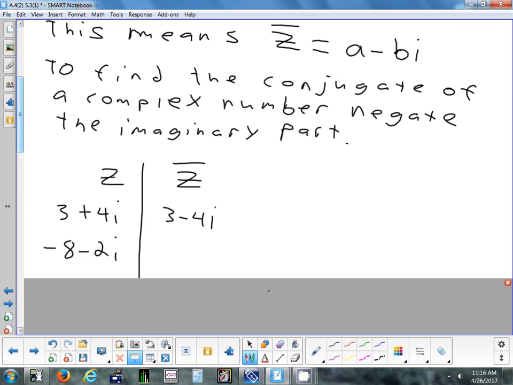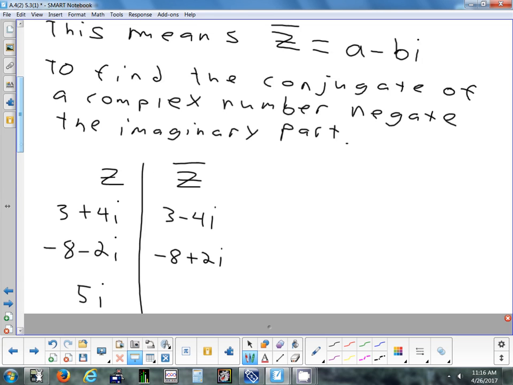It would be negative 8 plus 2i. How about 5i? Negative 5i. Yep. And if that one's a little tricky, you could always think of it as 0 for the real part. 0 plus 5i, the conjugate is 0 minus 5i, which is really negative 5i, you don't need to write the 0.